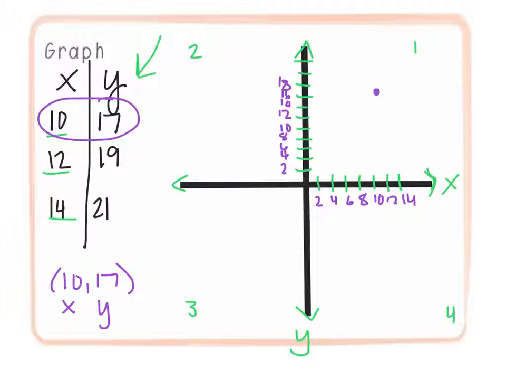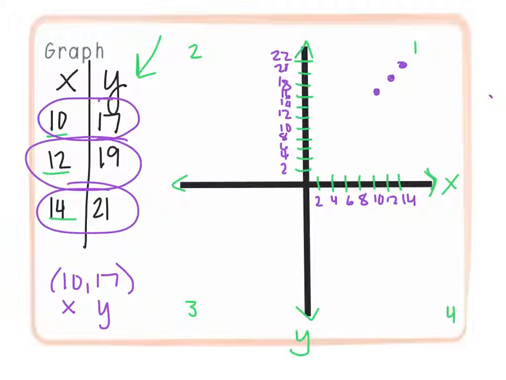Now I'm going to do my next point, 12, 19. This one I can go right to 12 and then up to 19, which is going to be in between the 18 and the 20. It's not perfect, but I'm doing my best. Then the last one is 14, 21. So 14 all the way up to 21.